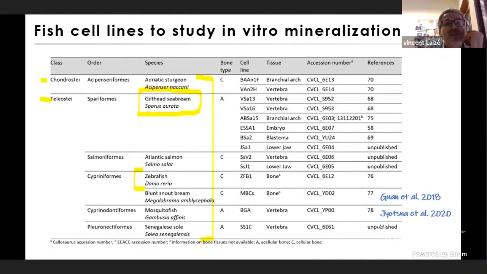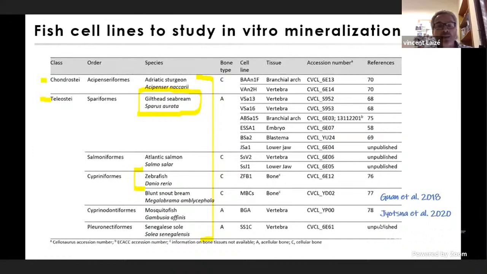Another explanation for the fact that we have a lot of fish cell lines from gilded sea bream is that, for some reason that we still do not understand, it's much easier to develop fish cell lines from marine fish, and gilded sea bream is a good example, but we have also developed from Atlantic salmon, from Senegalese soles. It's easier to develop cell lines from marine fish than from freshwater fish, okay?